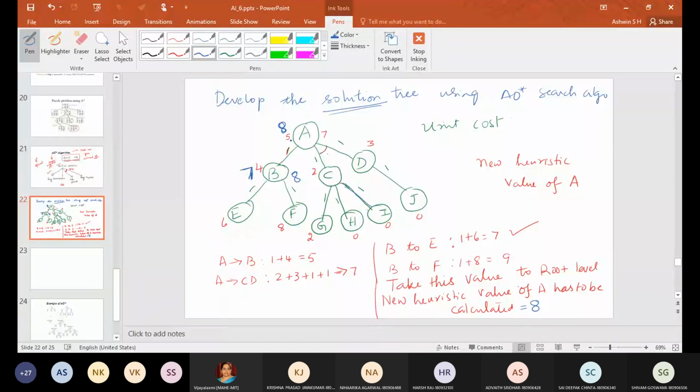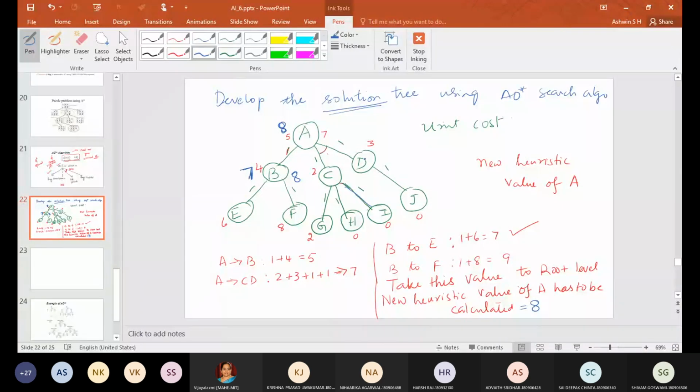Here it was actually 1 plus 4, 5. Since it was 5 and here 7, we explored in this direction. But now we have calculated the new heuristic value. This is 8, but 7 is here. This is smaller than this value, so you explore in this direction.